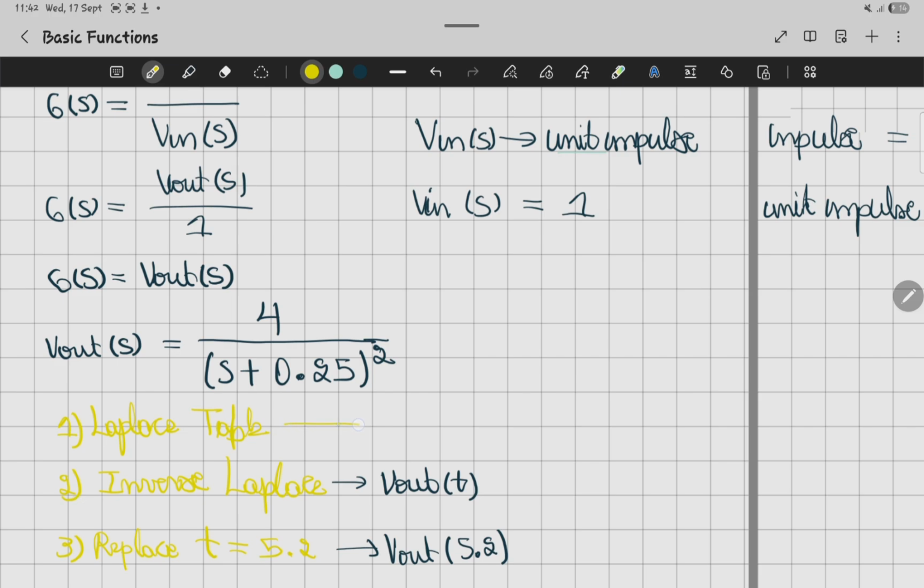But if we don't have this shape in the tables, then that's why we use partial fractions. So this is the condition that we have. If we can't find it in the table, you go for partial fractions.